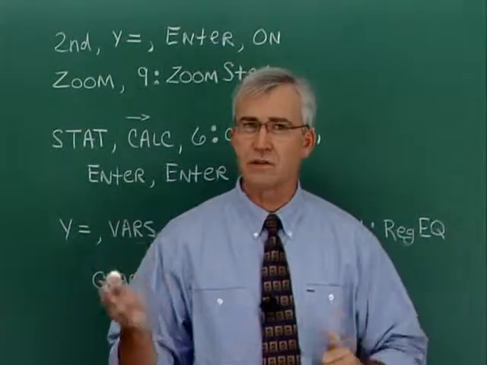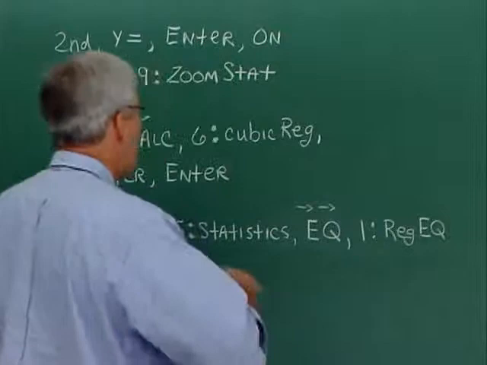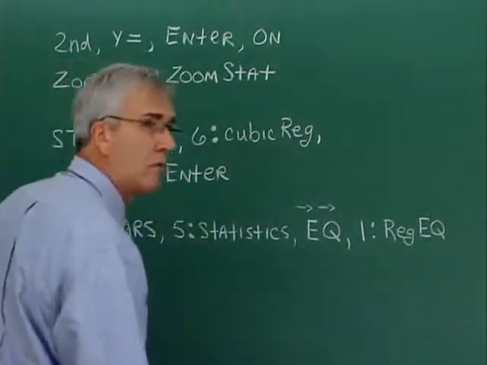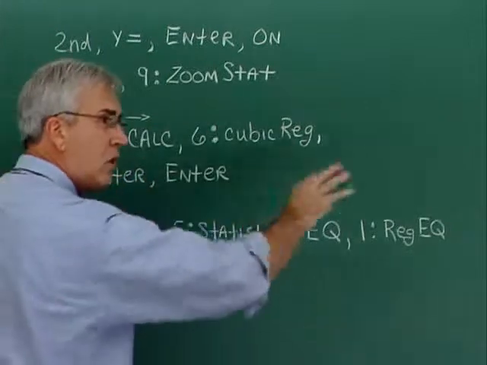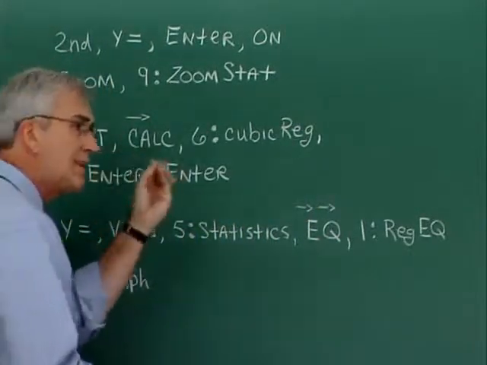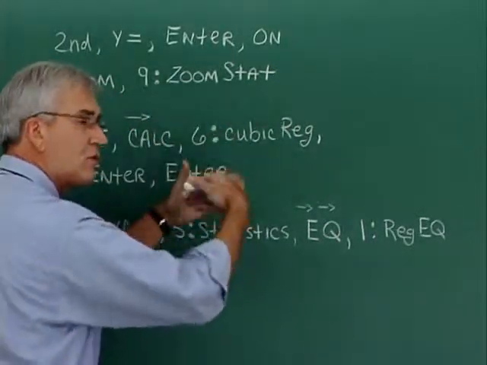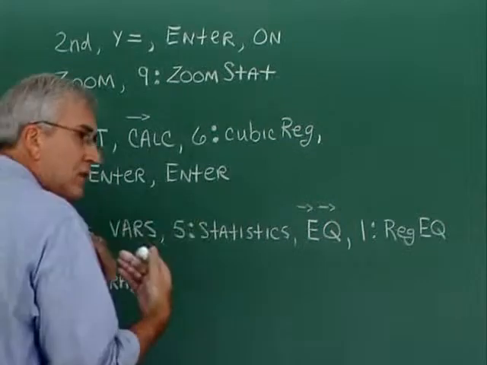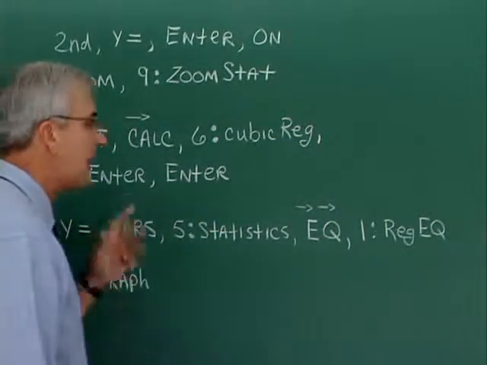Those are the coefficients and the constant involved in that function. And so we have our function. Now notice the values of a, b, c, and d are big, long-winded decimals. Now we could take those values and put them into the place where we're going to enter the equation for graphing. We could do that ourselves. We could write them down on another sheet of paper and put them in by hand if we want to.